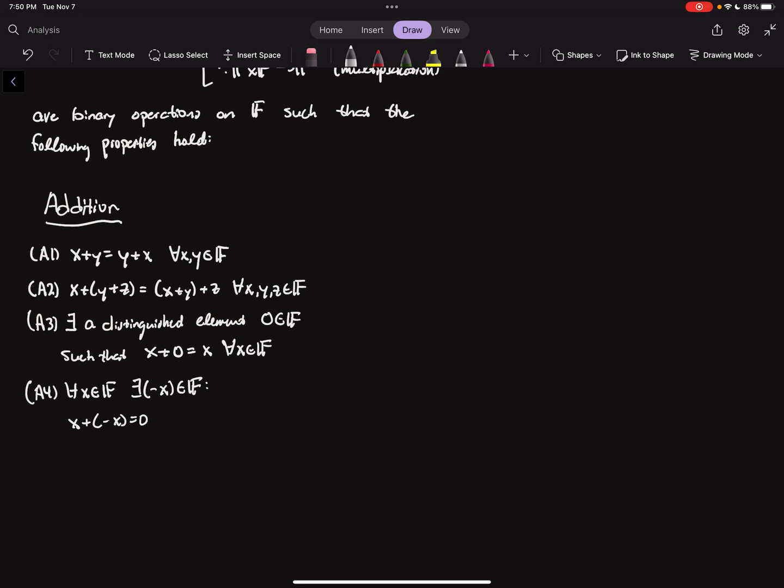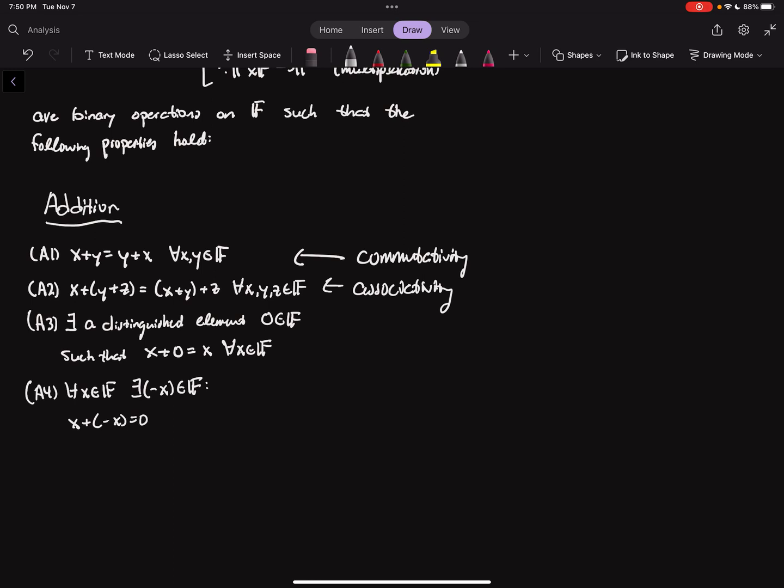And for multiplication, we have kind of one axiom that corresponds to each of these, but they're slightly different. So the first one, remember, is commutativity. Second is associativity.